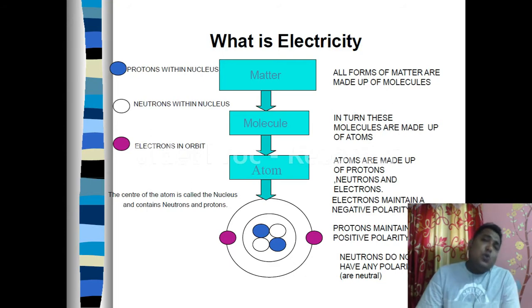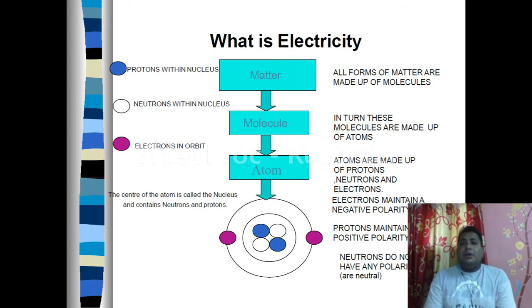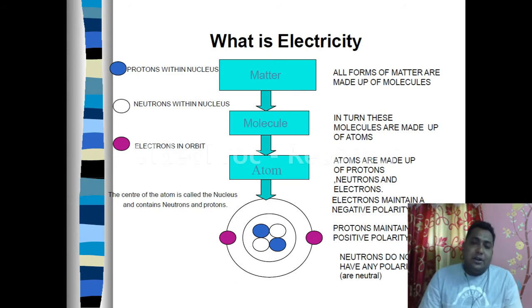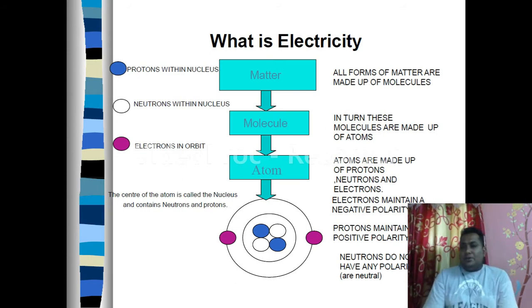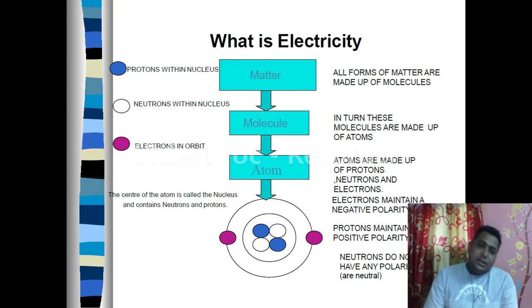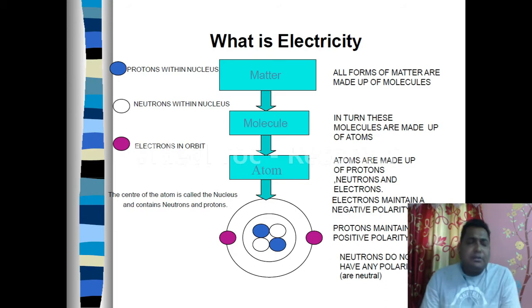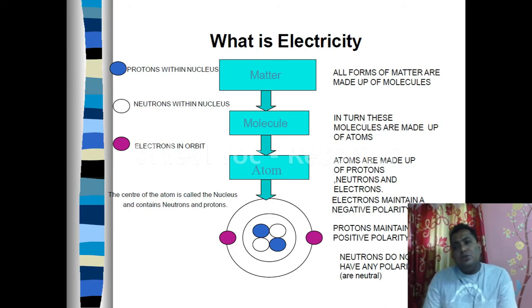The source of this electricity is basically hidden in the atomic structure of an atom. In an atom we have a nucleus, and in the nucleus we have protons and neutrons.